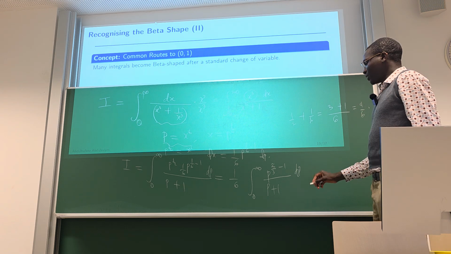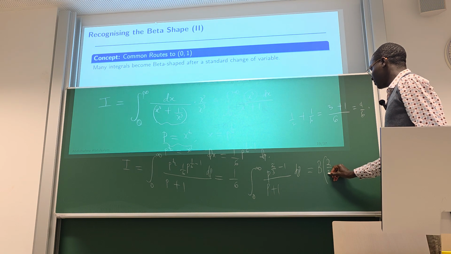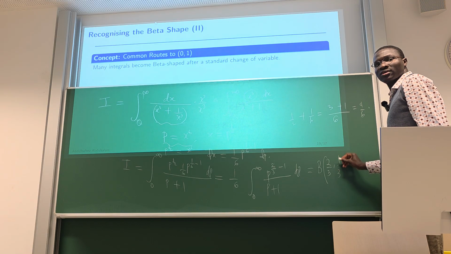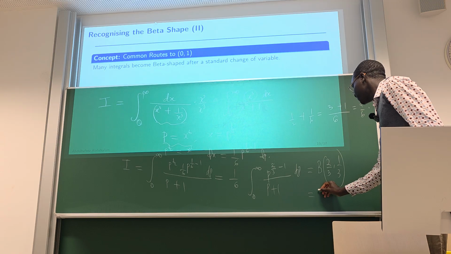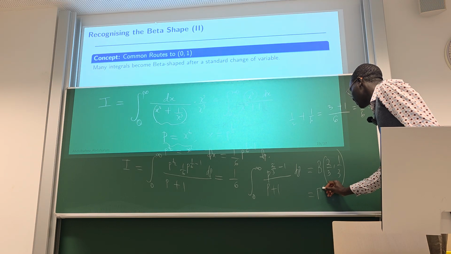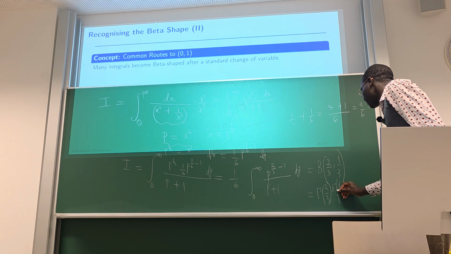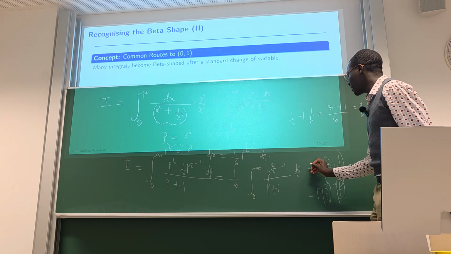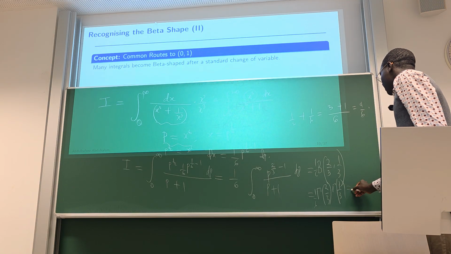So with the beta integral, I would just write this as beta(2/3, 1/3). And this is just gamma 2 over 3, gamma 1 over 3. We forgot the 1 over 6 behind it. And this is just what?